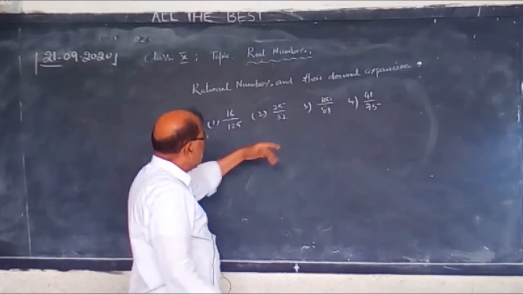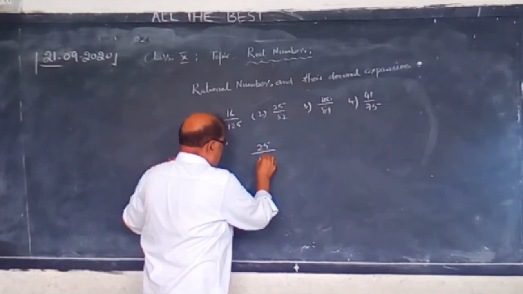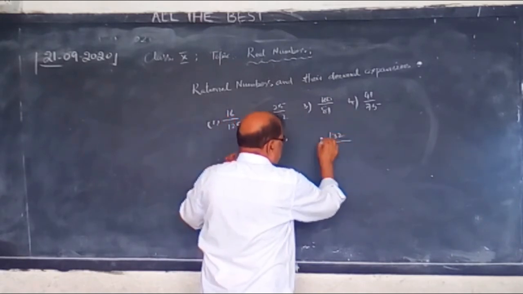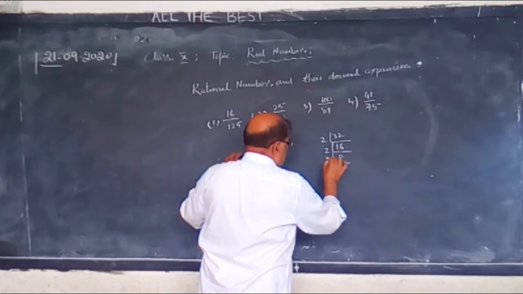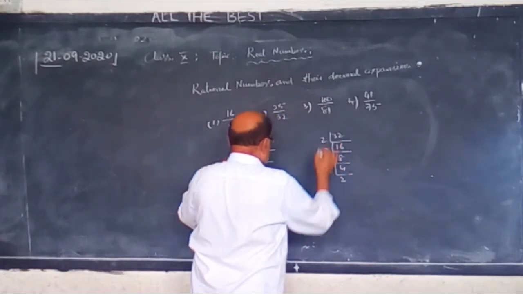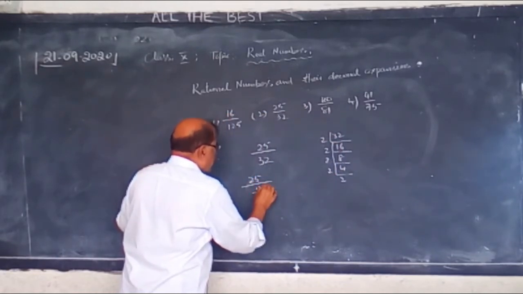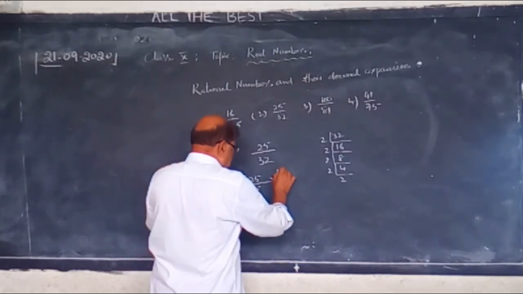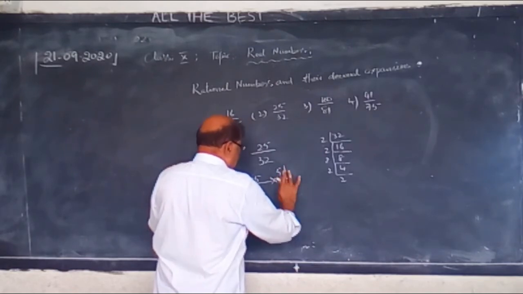Let us take the second one, 25 by 32. Find out the factors of 32. 2 16s are, 2 8s are, 2 4s are, 2 2s are, 1 2 3 4 5. So this comes as 25 by 2 to the power of 5. So here you can multiply by 5 to the power of 1 divided by 5 to the power of 1.